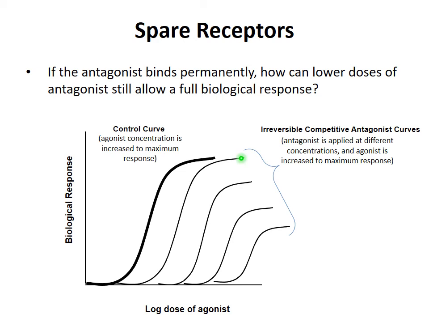That means you only inhibited a few receptors, and there were enough available receptors. Imagine if you only have to activate 5% to achieve the maximum biological response. Even if 80% are inhibited, you could still get to here in some cases. So that was the exception to that rule of a decreasing maximum biological response.